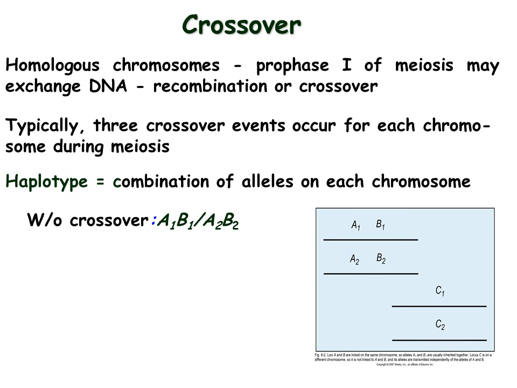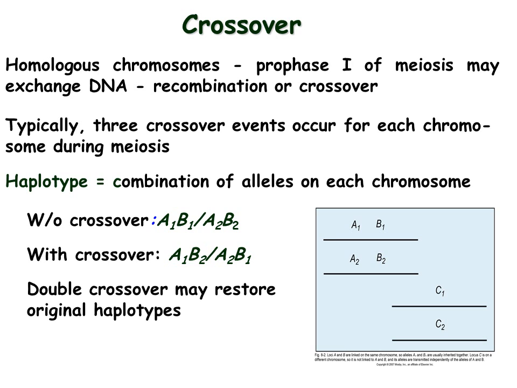So without a crossover, you get either A1 and B1 or A2 and B2. With a crossover, however, you can get A1 with B2 and A2 with B1. Double crossovers may actually restore the original haplotypes, but then you wouldn't know that they had actually happened unless you had documented it before.